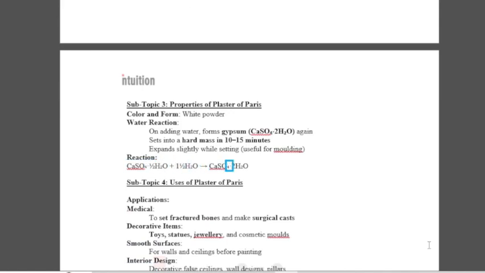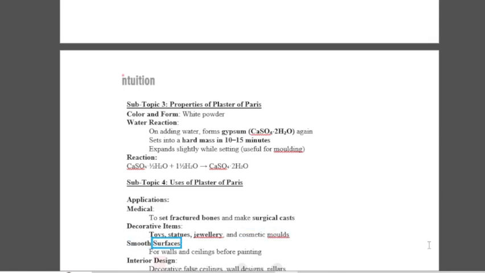Subtopic 4. Uses of plaster of Paris. Applications. Medical: to set fractured bones and make surgical casts. Decorative items: toys, statues, jewelry, and cosmetic molds.